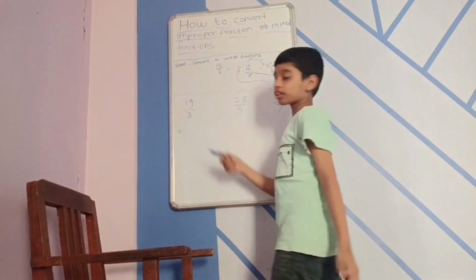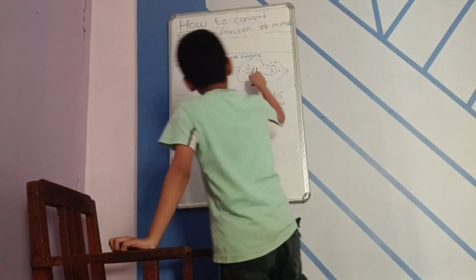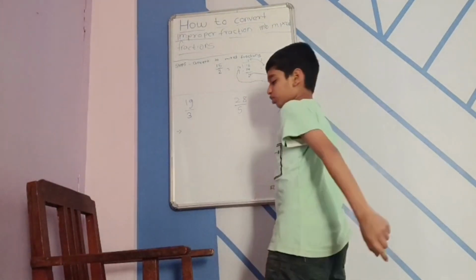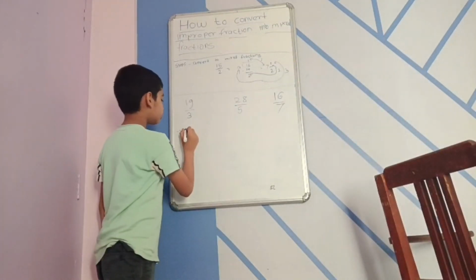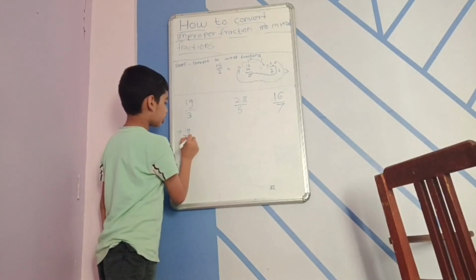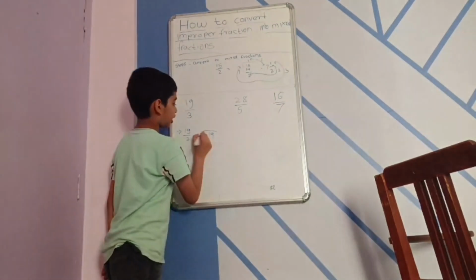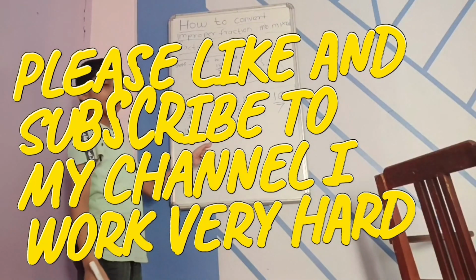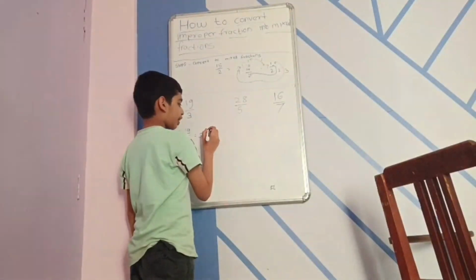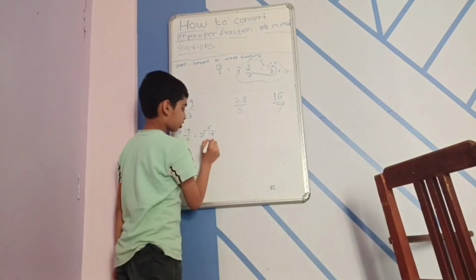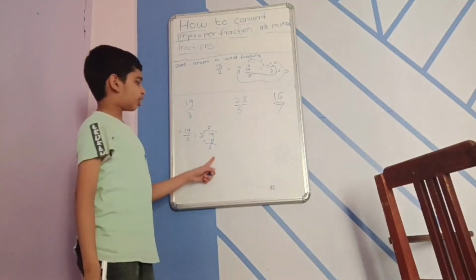19 upon 3. Here we will follow these steps and solve. 19 upon 3 is equal to 19 divided by 3. 19 is not in the table of 3, so we will write 18, and the remainder is 1.